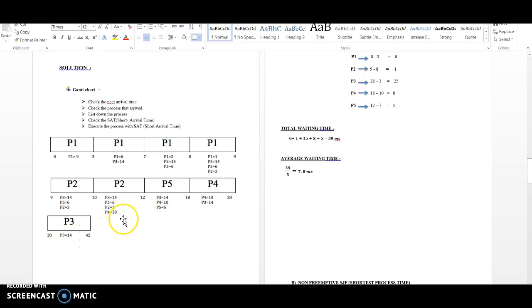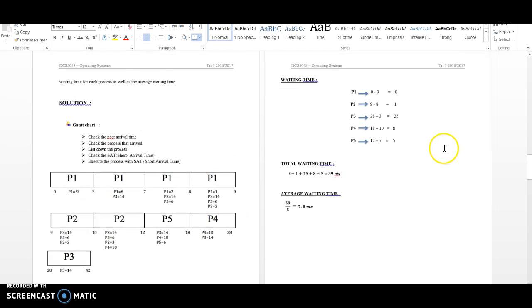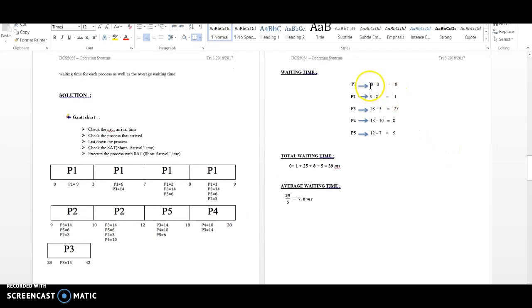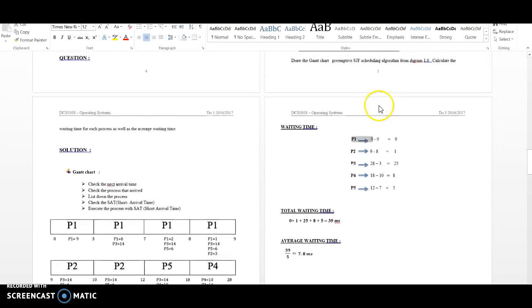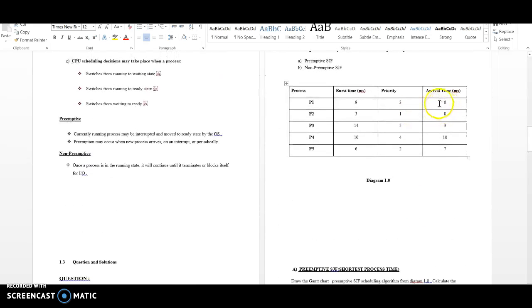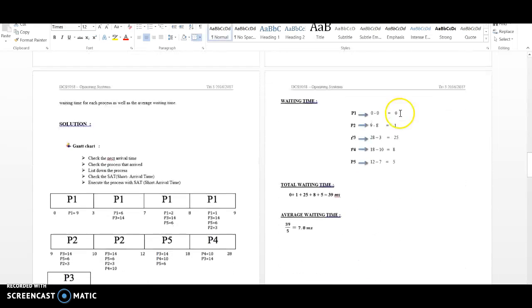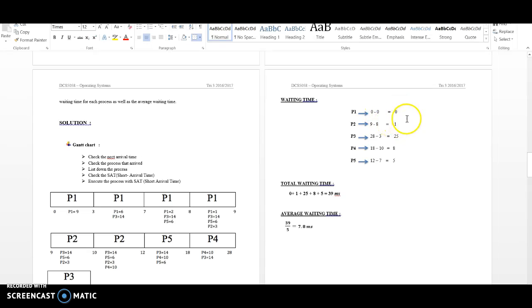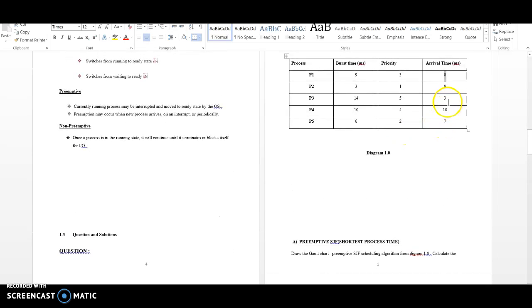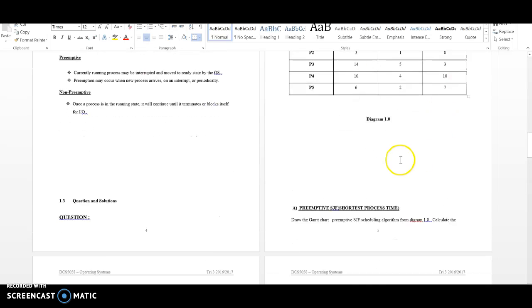So that's all the calculation. Now we have to do the waiting time. We look here, P1 is 0. We take the completion time here and minus the arrival time here. So 0 minus 0 is equal to 0. P2, you look here, we got 9. 9 minus 8, because the P2 arrival time is 8.